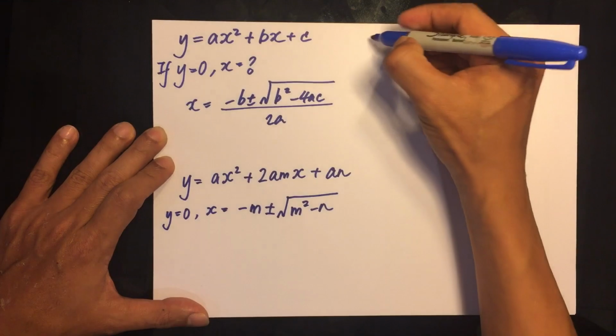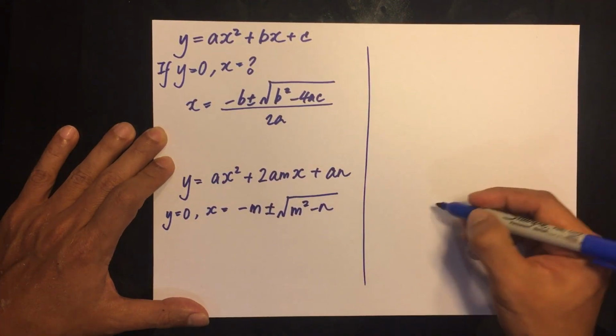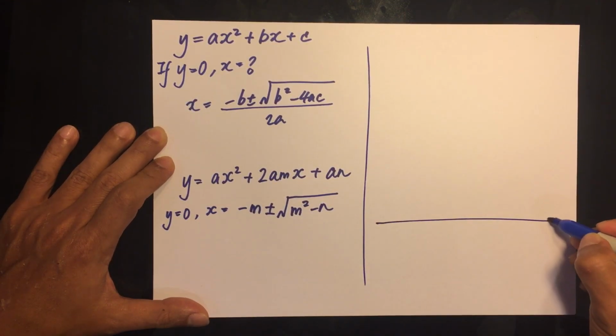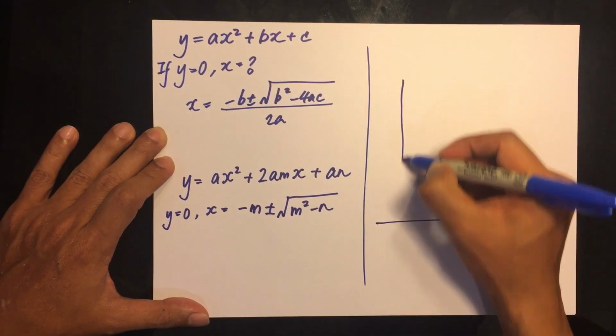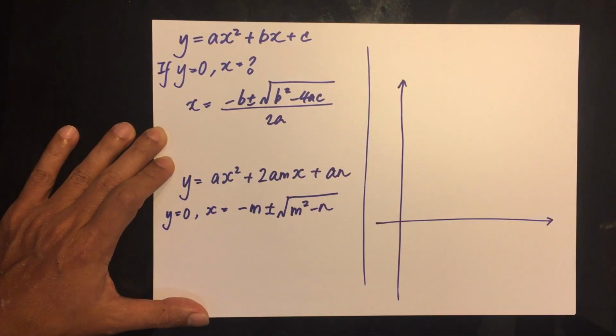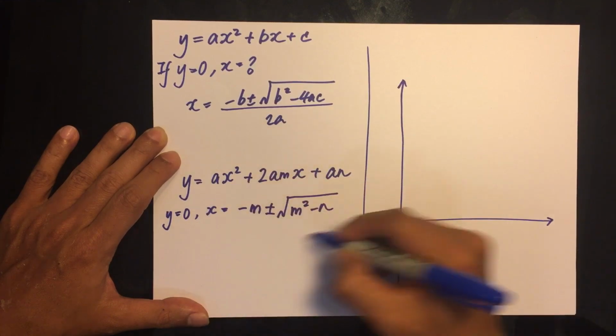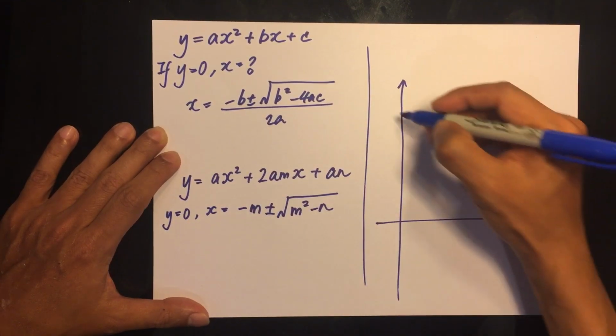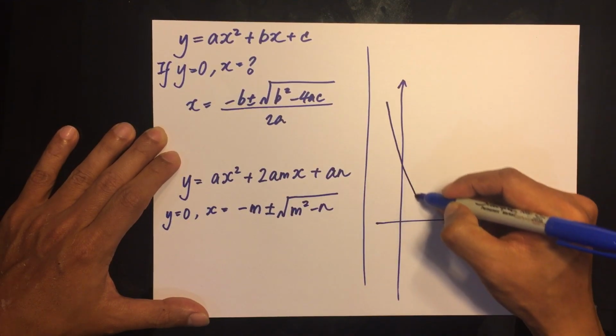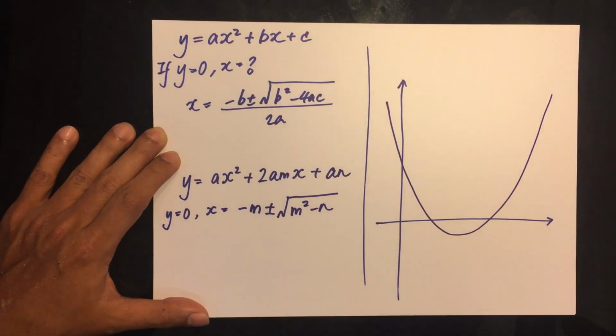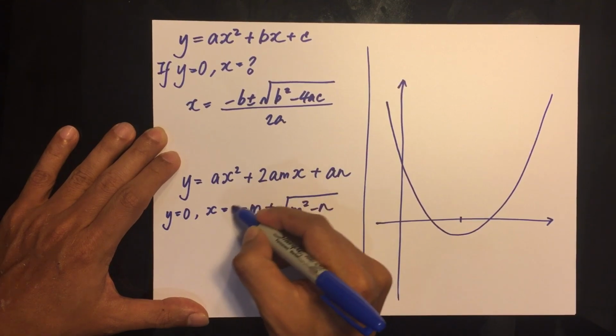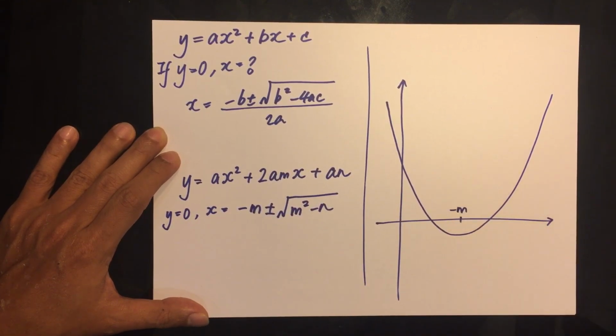And it's got some neat properties as well. For example, if you were to plot the graph of this quadratic equation, let's assume a is positive, so you get an upright parabola like this. The midpoint is always negative m. That's kind of handy.